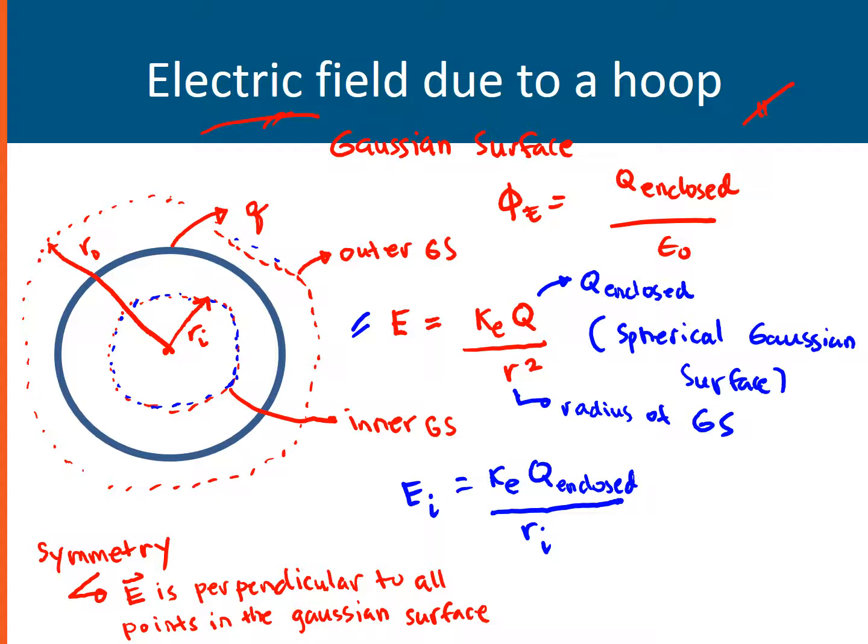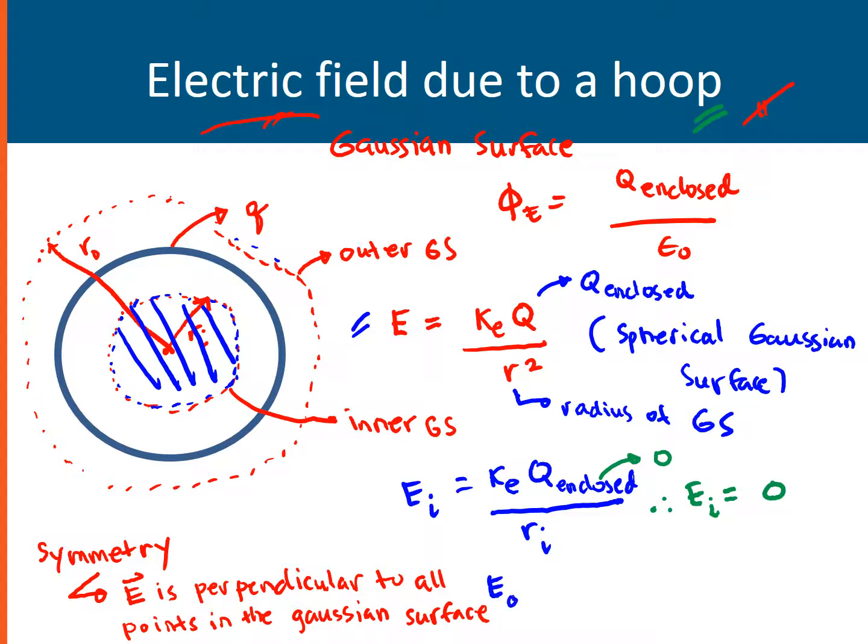The answer is no. In fact, we don't see any charges inside. There's no Q enclosed, therefore Q enclosed here is equal to 0. So we could say that the electric field inside the hoop is equal to 0.